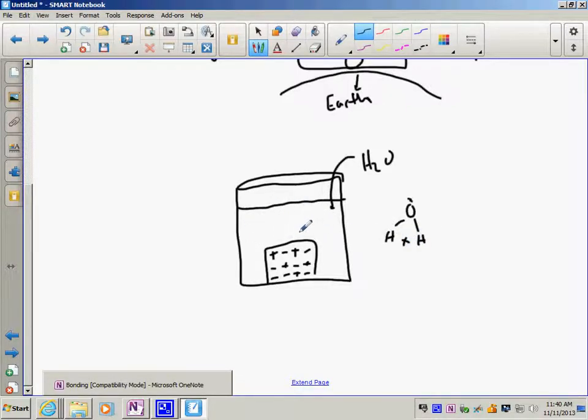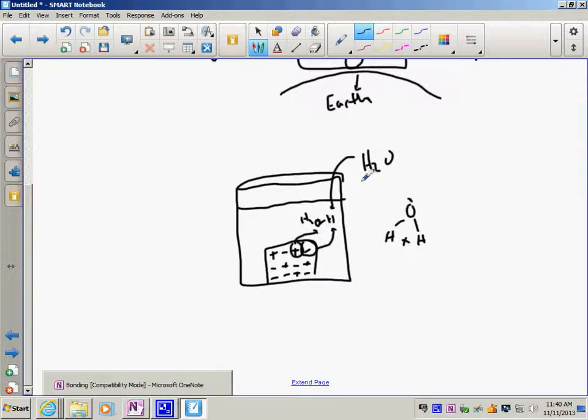Now, as the water drops in here, as we get a water molecule in here, the same force that holds together the salt crystal, which is electrostatic attraction or Coulombic forces, can in fact separate the particles. So the negative will break off of here and simply float into solution and hover around all the positives of the water, and all the positives will break off and float around the negatives.